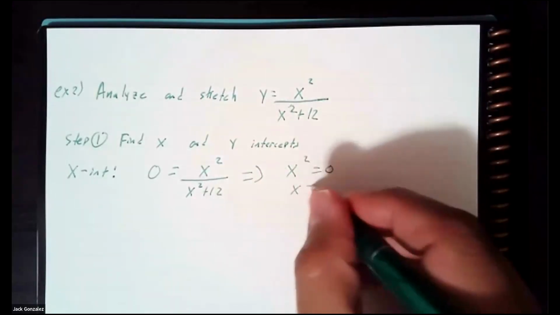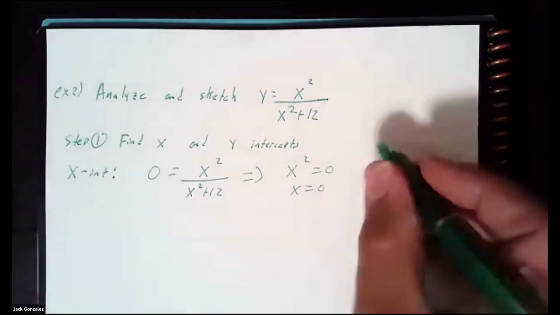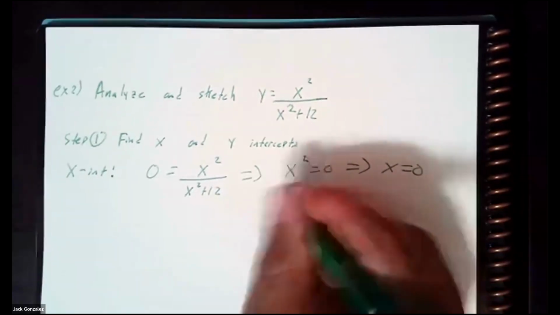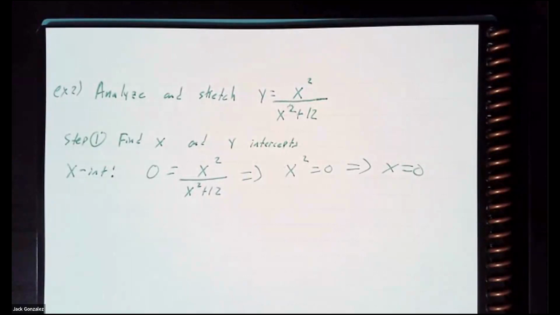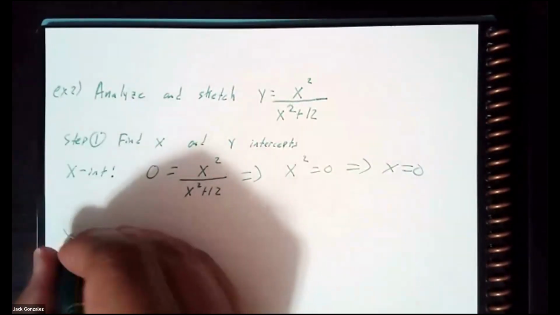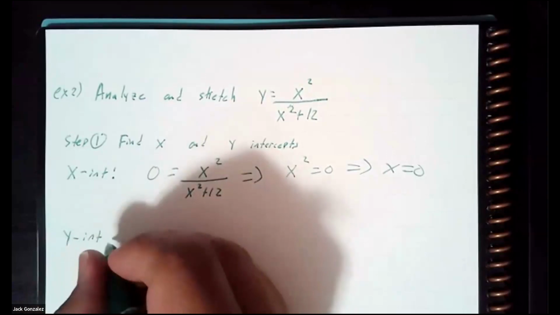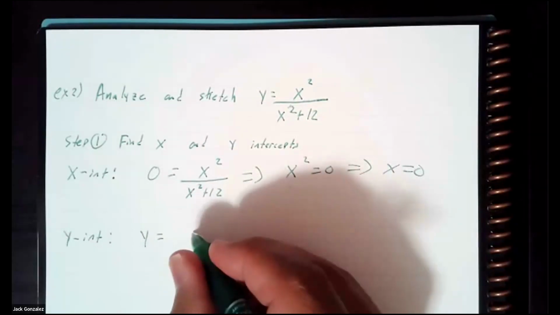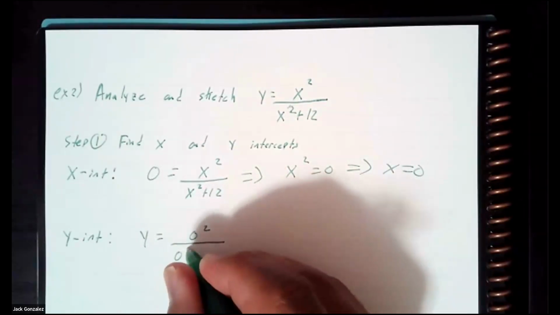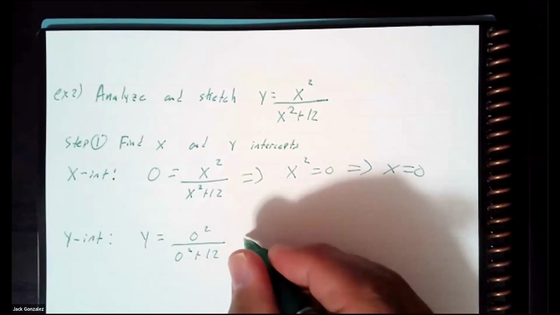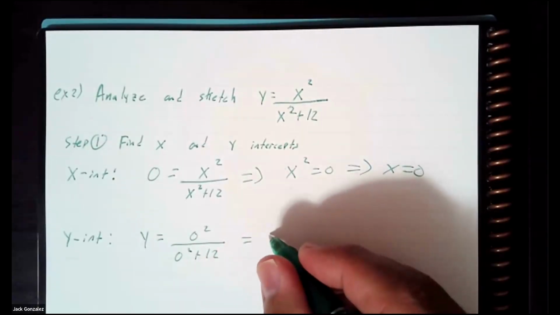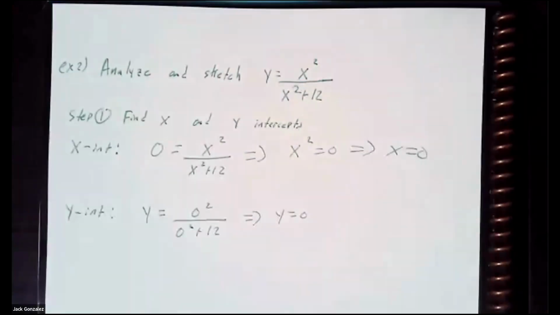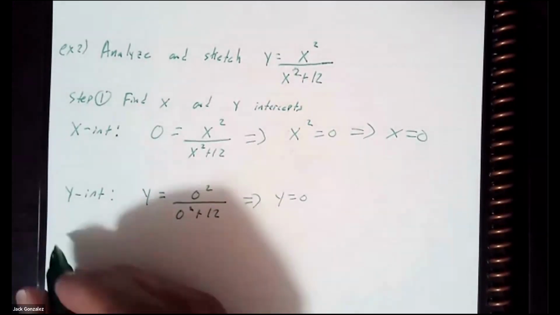So let's put it over here. Okay. y-intercept. Let x be 0. Hmm. Same issue as before. It's going to be going through the origin. Oh well, whatever.